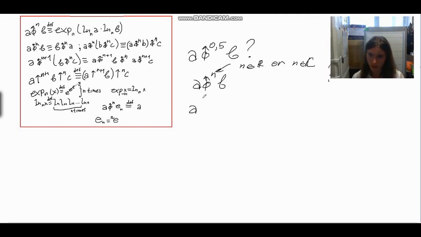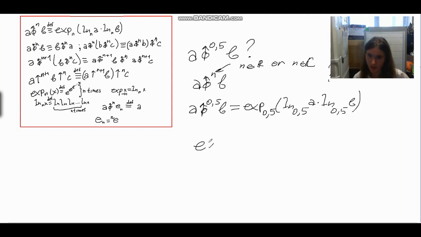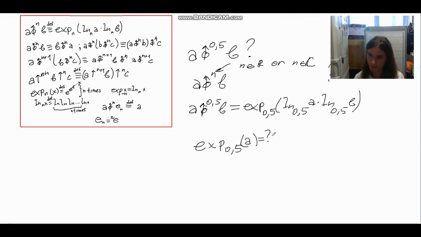By definition, a 0.5 b should be x 0.5 of ln 0.5 a times ln 0.5 b. But what is x 0.5 of a? It's just such function f that f of x equals e to the x.